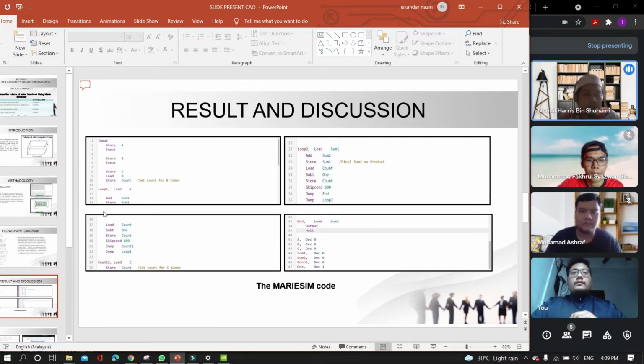For the result and discussion, as you can see, this is the coding that we use in MARIE simulator. In the coding in the figure, for the input section from line 1 until line 10, store A represents the value of length, store B represents the value of width, and the value of height is represented by store C. The formula we use is volume of tank equal length multiplied by width multiplied by height.